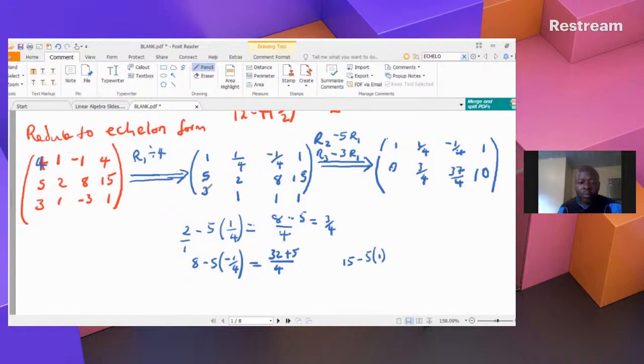Whatever we do to obtain a 0 in this position, we do for the entire row. So 3 minus 3 multiplied by 1 gives us 0. Then this is 1 minus 3 multiplied by the element in the first row, a quarter. The LCM here is 4, and 4 minus 3 gives us a quarter.